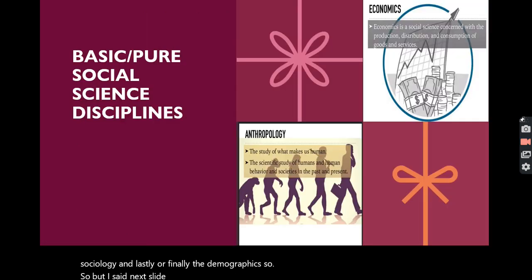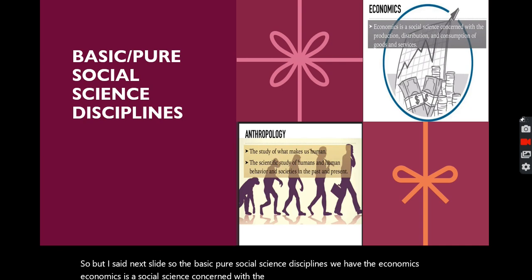So, the basic pure social science disciplines. We have the economics. Economics is a social science concerned with the production, distribution, and consumption of goods and services.